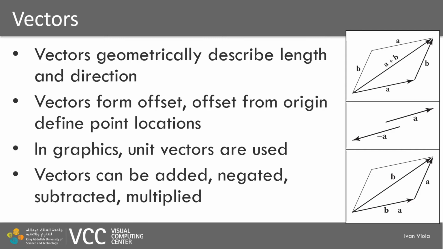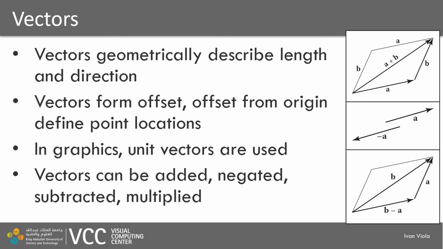There are several operations which we can apply to vectors. For example, we can express a vector by other vectors. Here on the right-hand side, we can see that we can express a vector a plus b as the vector a summed together with the vector b. How does it look geometrically?